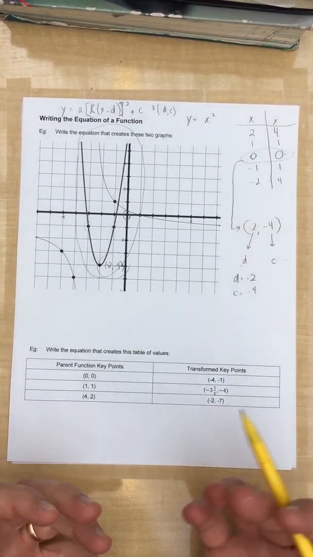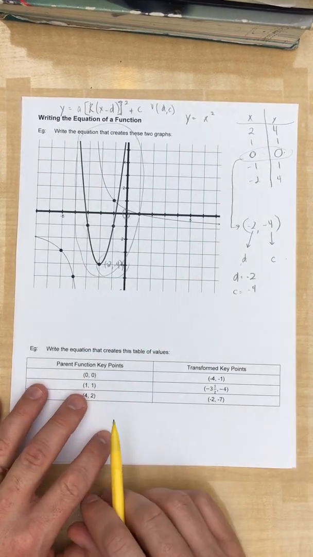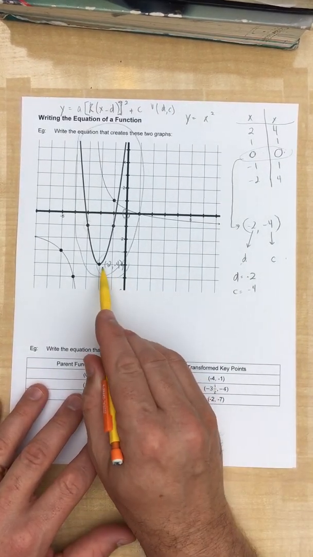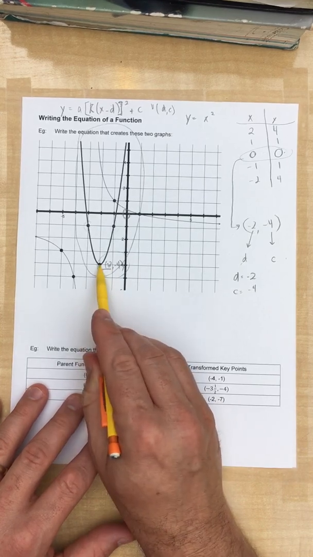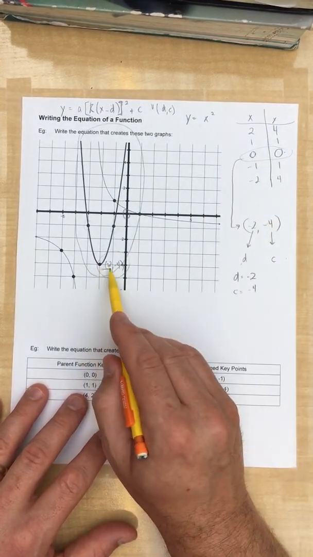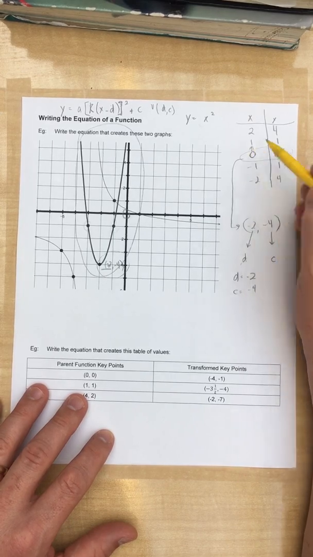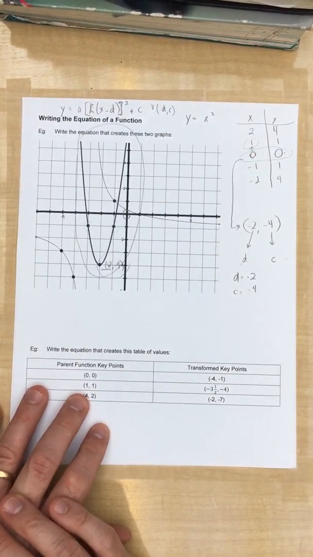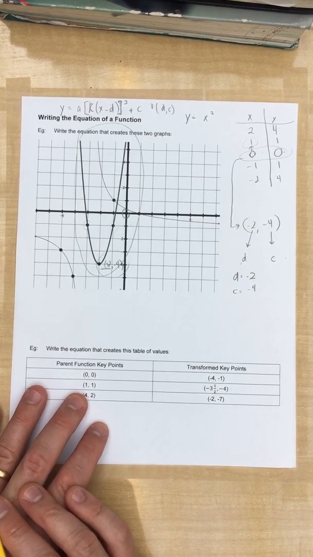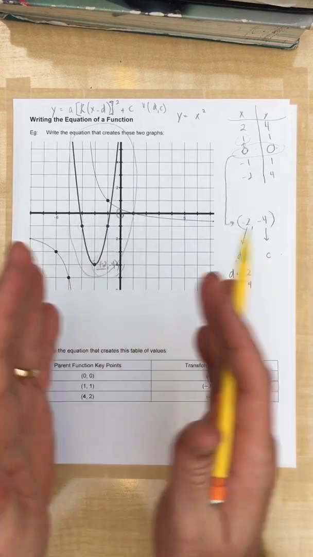But we have to realize what that point is. The nice thing is that if from the vertex you go to the right 1, you in essence go up 1, we still have the value of 1. That suggests that I haven't done a horizontal transformation.